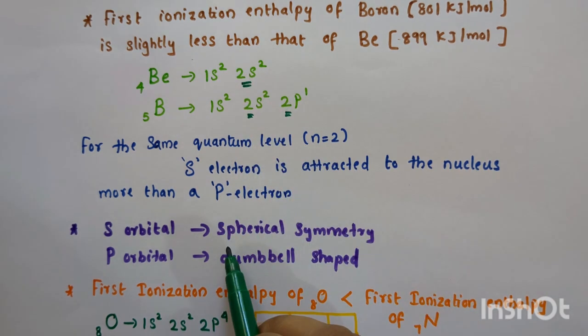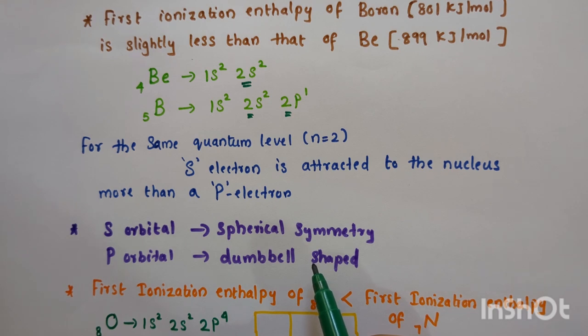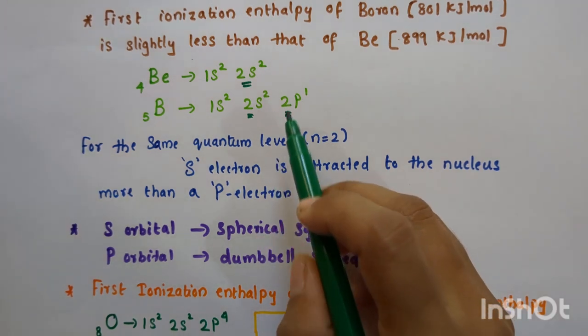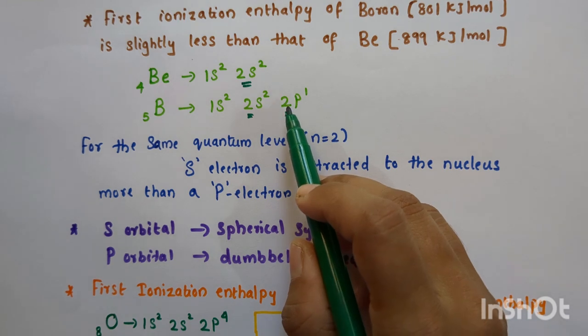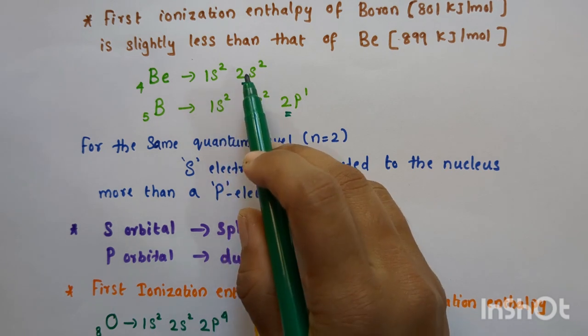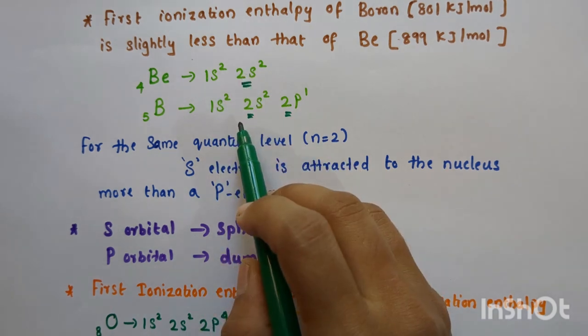See, p orbitals are dumbbell shaped orbitals which keep electrons farther from the nucleus. Hence, a 2p electron of boron is more shielded from the nucleus by the inner core of electrons than the 2s electron in beryllium.